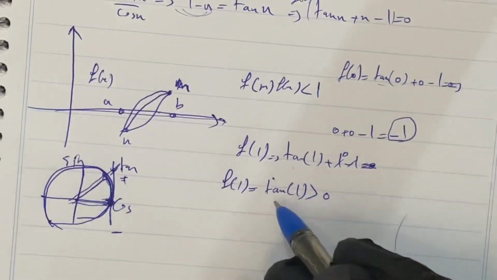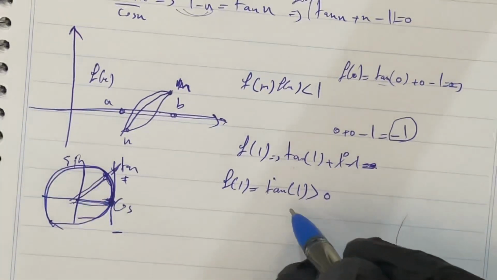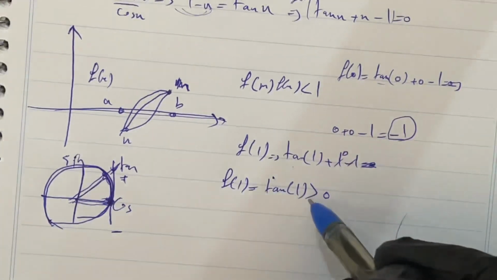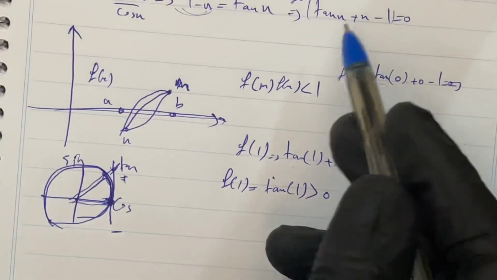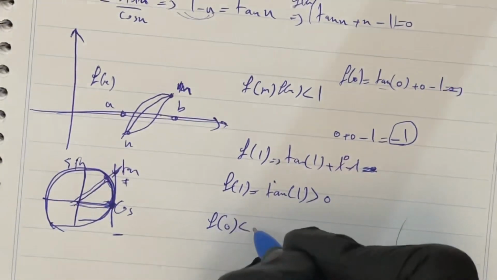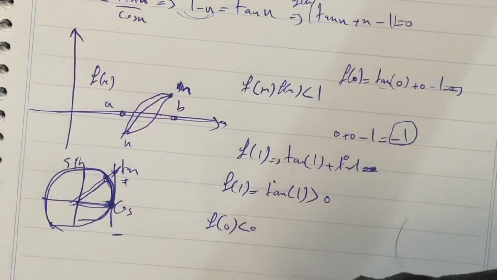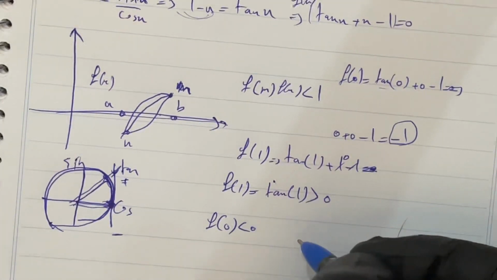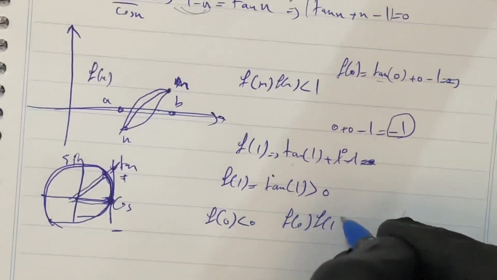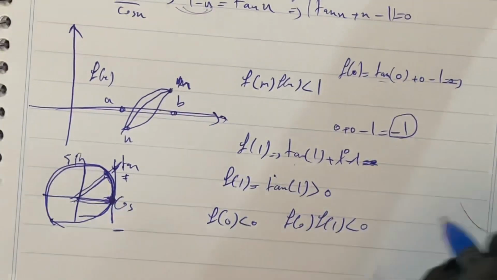So f of 1 is positive, but f of 0 is negative. So f of 0 is lower than 0, and f of 0 times f of 1 is lower than 0.